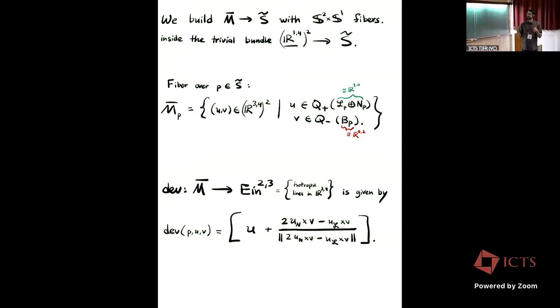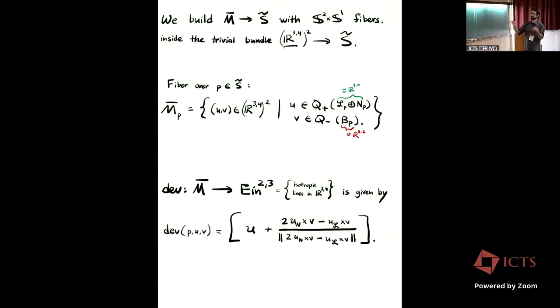The isotropic line is spanned by the following vector. First, you take U, which is a unit space-like vector. What you want to add to that is some unit time-like vector, which is cooked up out of a combination of U and V. If those unit space-like and time-like vectors are orthogonal, then the sum of them will be isotropic, and will span a point in Einstein. So the way you build the time-like vector is, well, you can decompose U. It has two parts: U has a part in the normal, and U has a part in the tangent line.